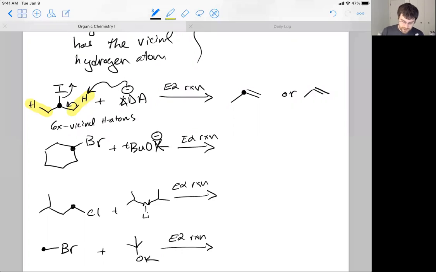So similarly, I've got my haloalkane carbon highlighted with this dot, and then I'm going to consider a vicinal hydrogen, and there's actually 4 vicinal hydrogens in the second example. So the negative charge is going to attack the vicinal hydrogen.